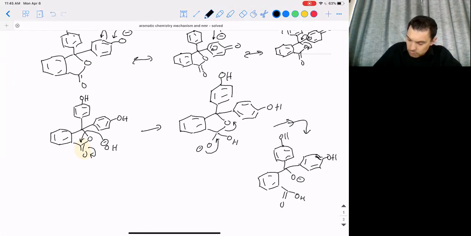And so now we could imagine that this reaction goes basically through the exact same steps as before, where we have a proton transfer.